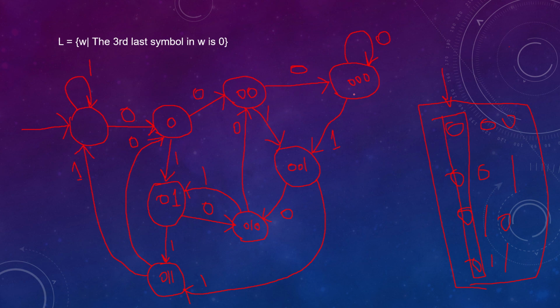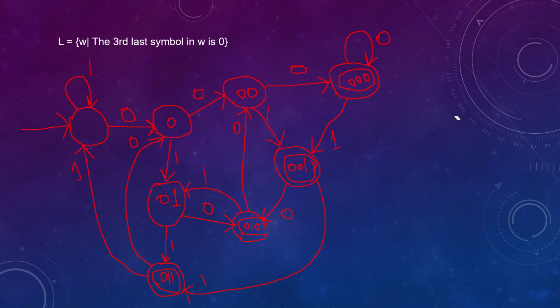So these four states will be our final states. So 000 is our final state, 001 is our final state, 010 is our final state, and 011 is our final state. So we are done with our final states and DFA.